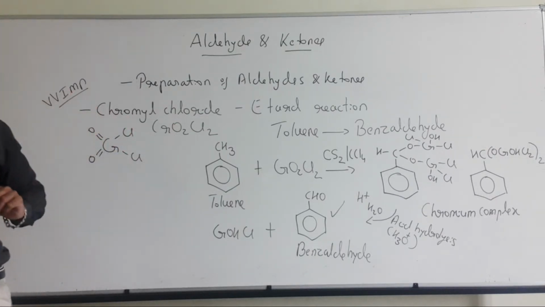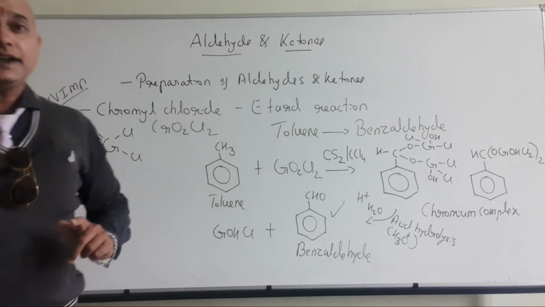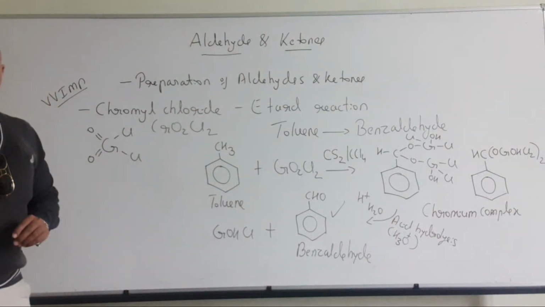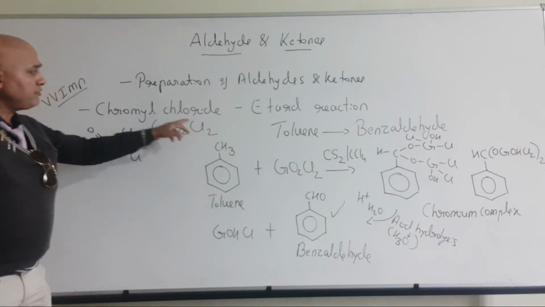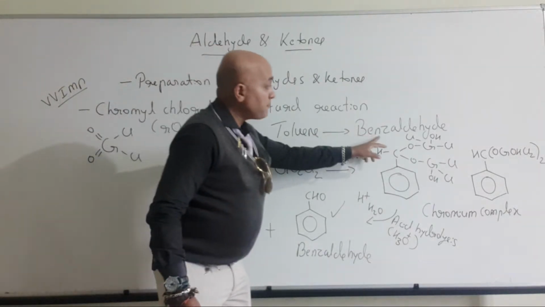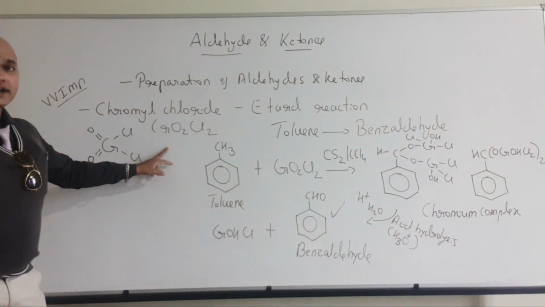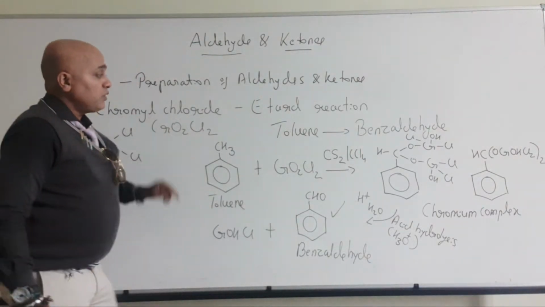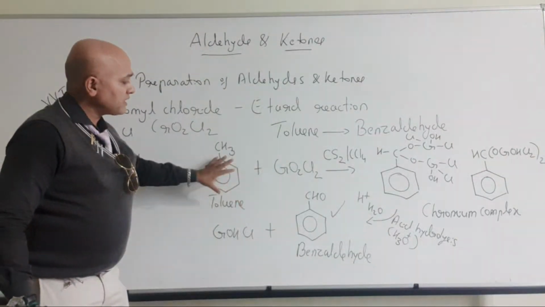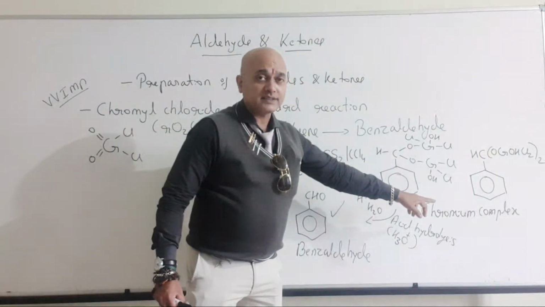That is important. There are many methods which can convert toluene to benzaldehyde. But in that, this method is called the Etard reaction. So what is that important one? Chromyl chloride. So conversion of toluene to benzaldehyde in the presence of chromyl chloride. Now chromyl chloride with toluene will make a complex with the toluene, which is called the chromium complex.